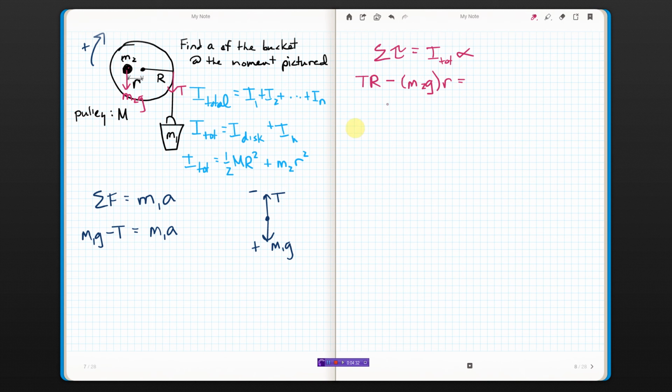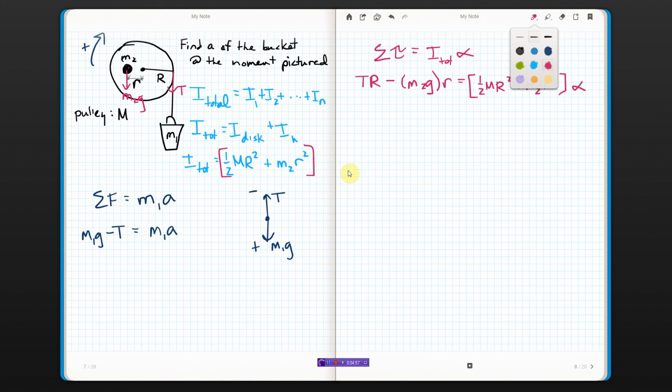That's it for torques. And then total inertia is all of this, okay, all of this, and then I've got my alpha. Okay. Yuck.